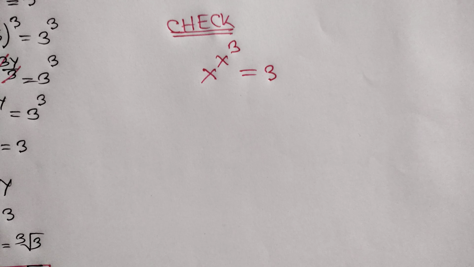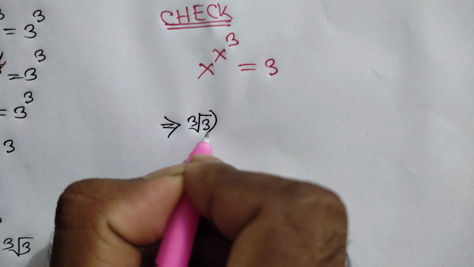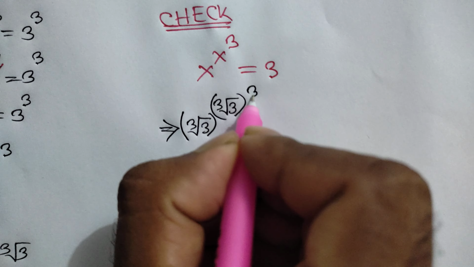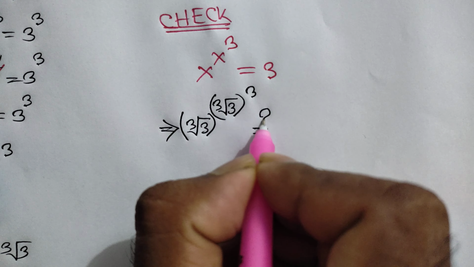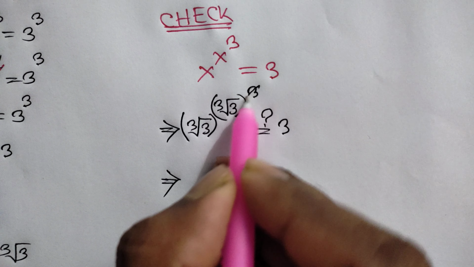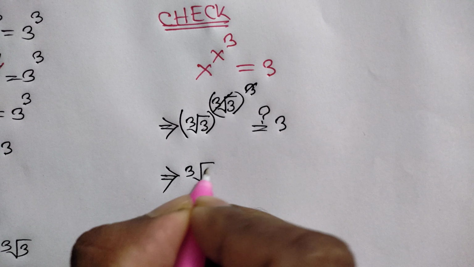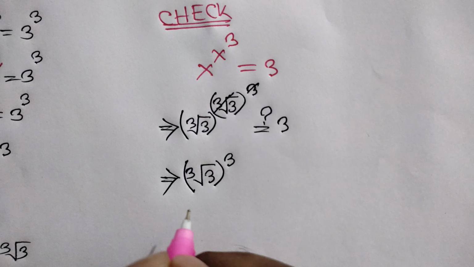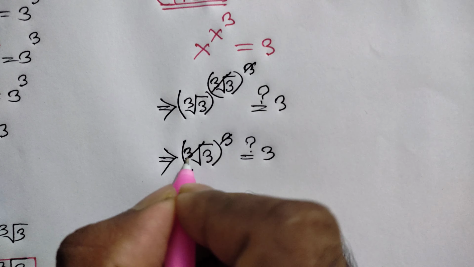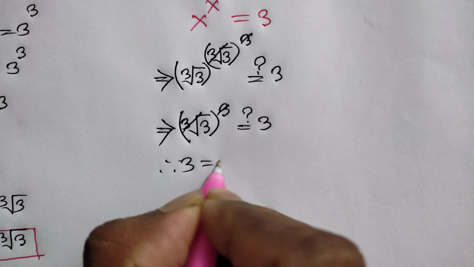Here x is equal to cube root of 3, so we can write here cube root of 3 whole cube, is it equal to 3? Now this cube cancels out this cube root, so here we will get cube root of 3 whole cube is it equal to 3. Similarly this cancels out this, so we will get 3, so we can write here 3 is equal to 3.